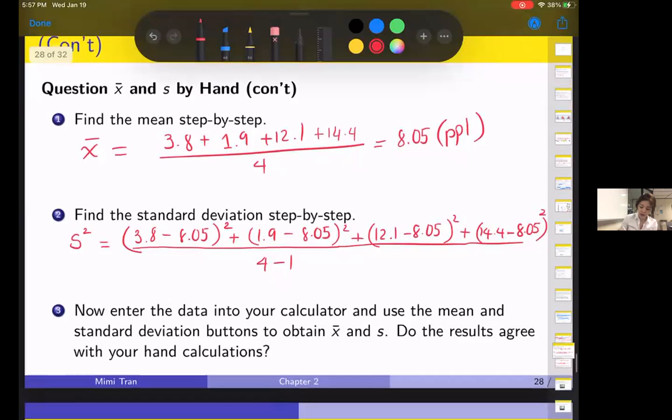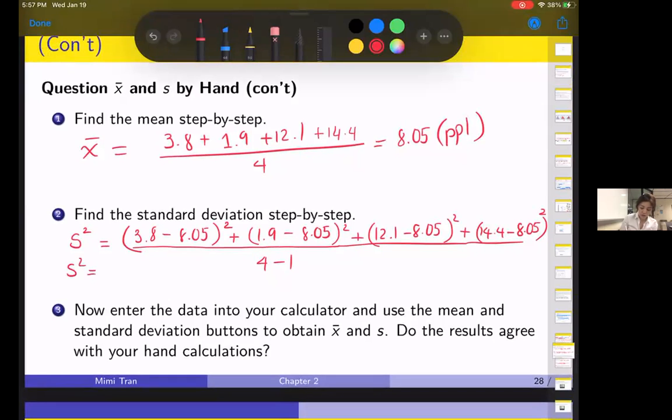The variance I have is roughly 37.566, something like that. And then I take the square root, because I want s, the standard deviation. The square root of 37.566 is roughly 6.13 ppl.